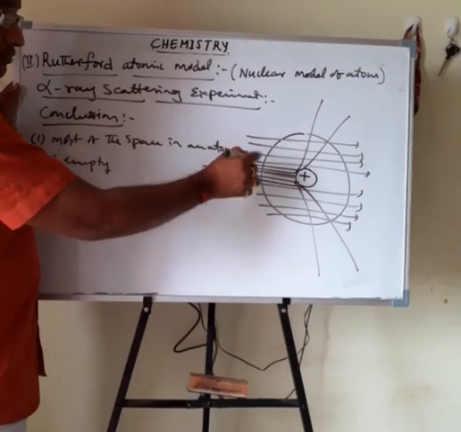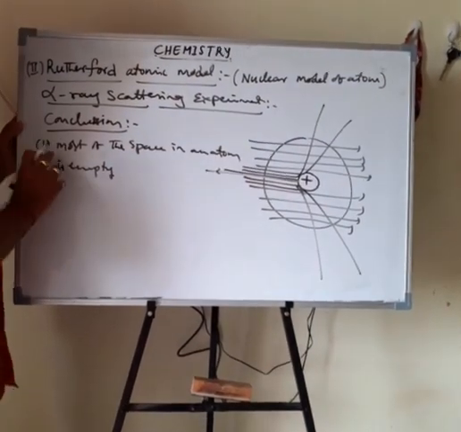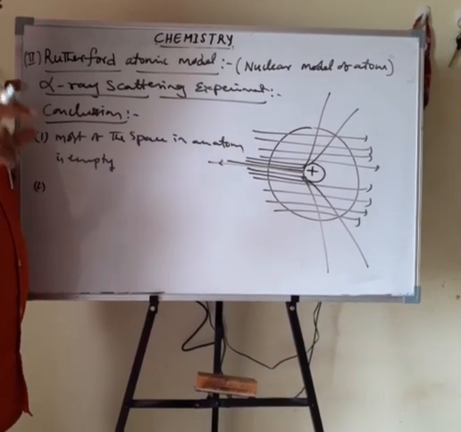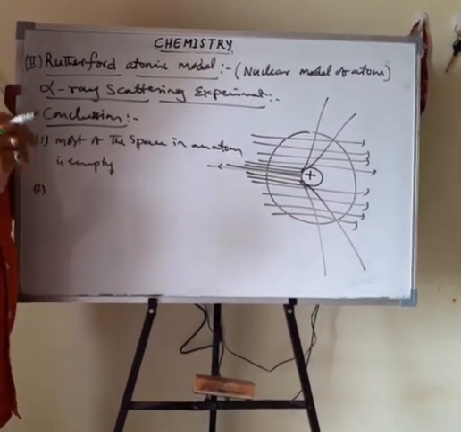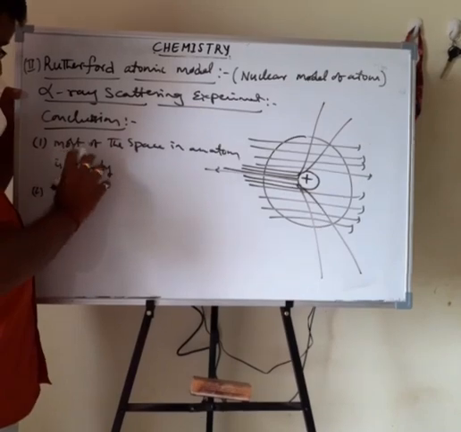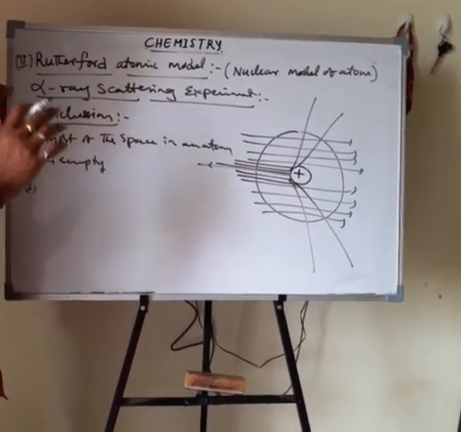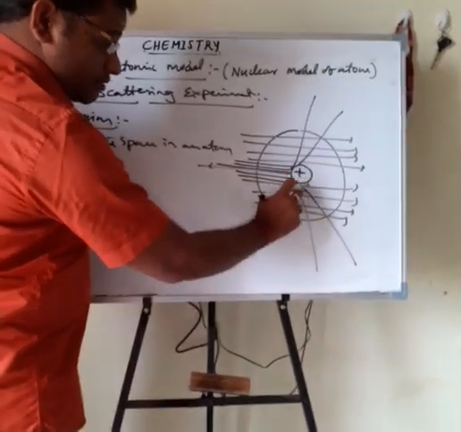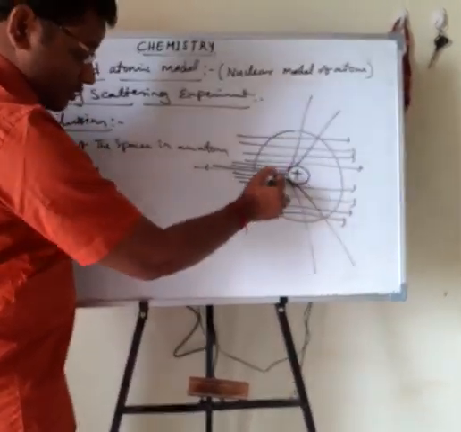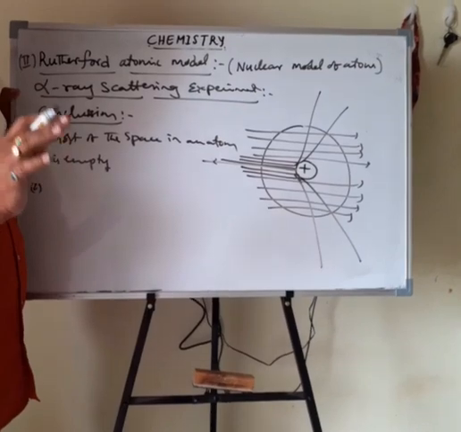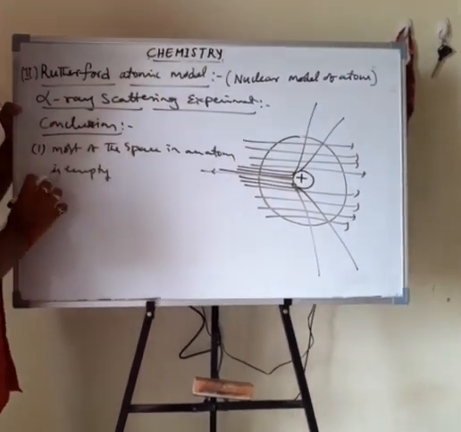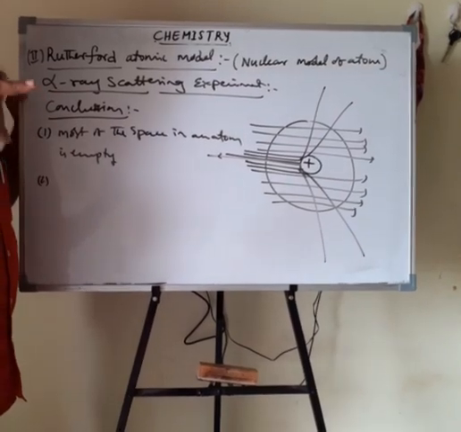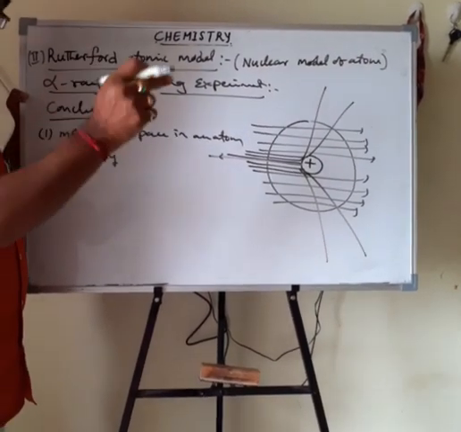So from these two observations, the second conclusion is explained. What is the second conclusion? The total positive charge of the atom is concentrated at the center.